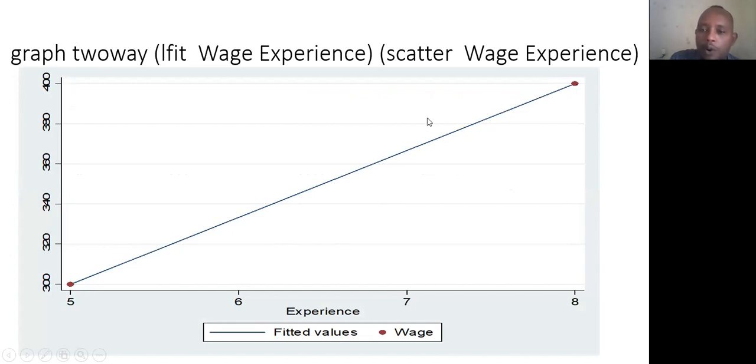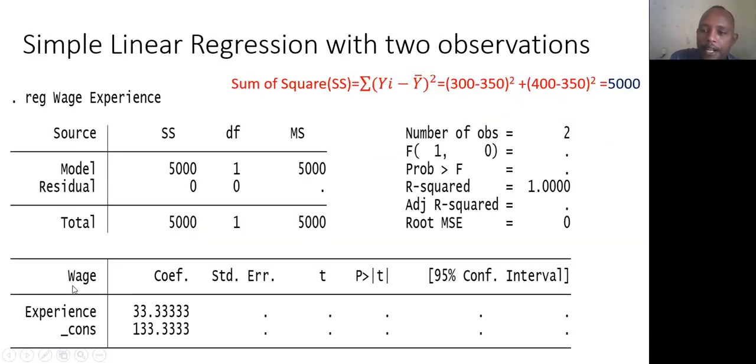Therefore, there is no deviation, no observed value that is not captured by our regression line, because we have only two observations. Therefore, R squared becomes 1.